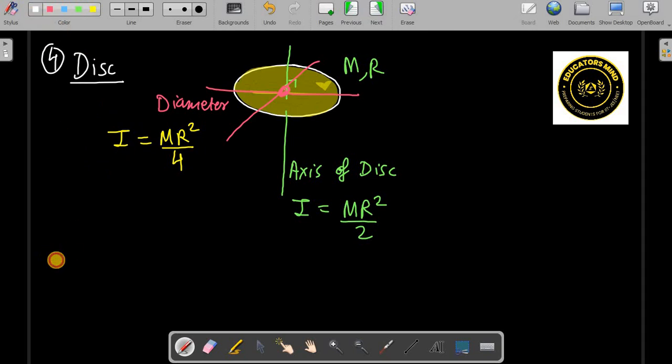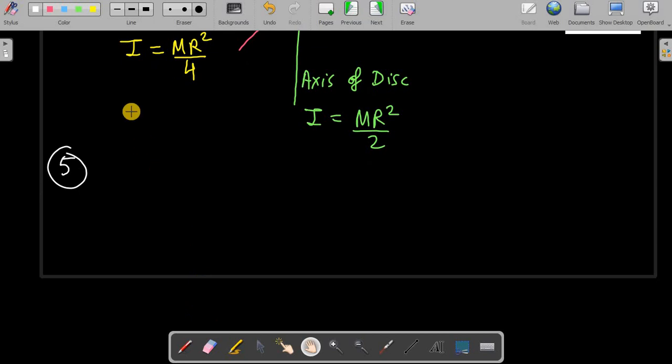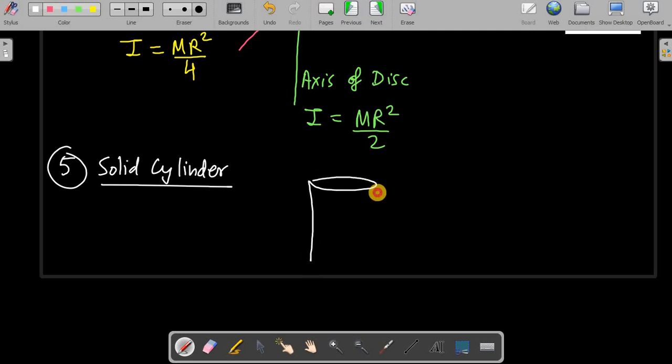Okay, this you remember. Then next, consider a solid cylinder. Here also you can consider about which axis you want to calculate.